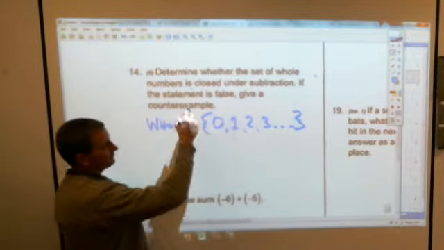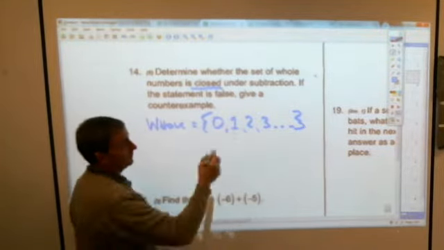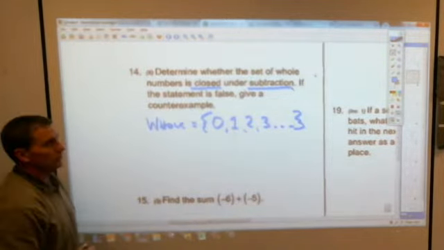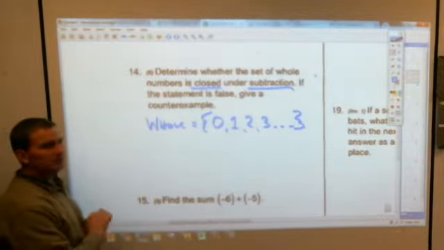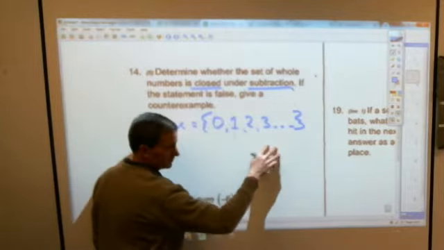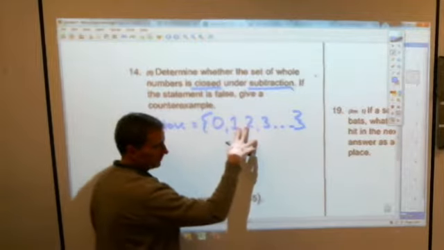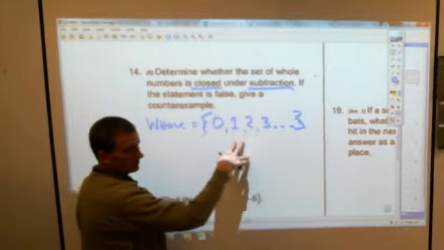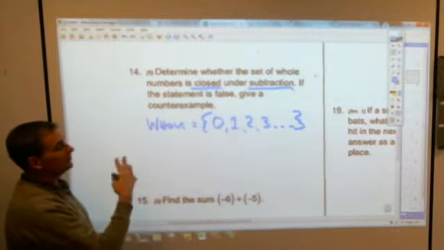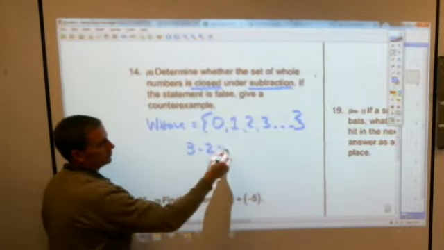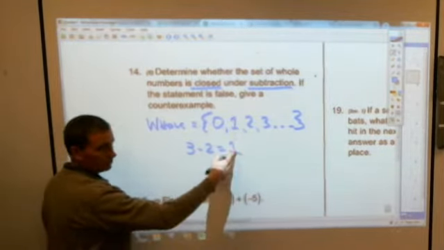When they say closed under subtraction, what they're saying is: is there any subtraction problem you could make with whole numbers where the answer will not be a whole number? It's closed if your only choice is to get a whole number. For example, 3 minus 2 is 1. Whole number, whole number, whole number.